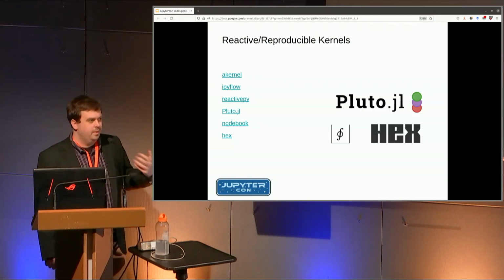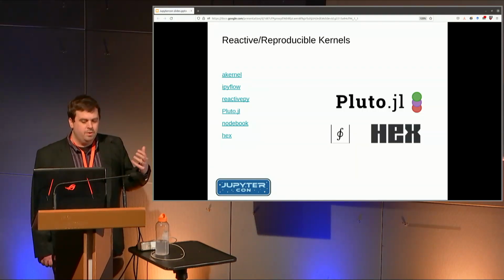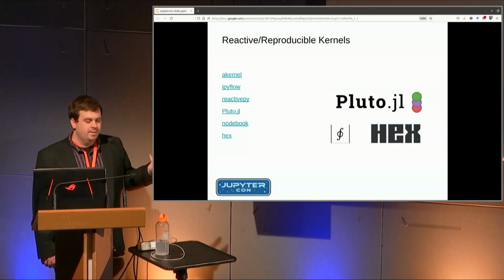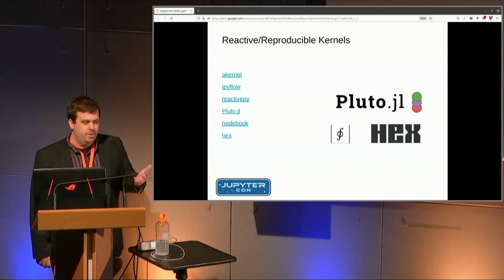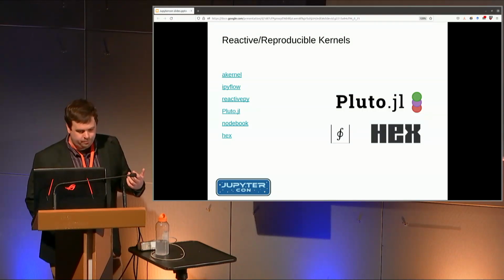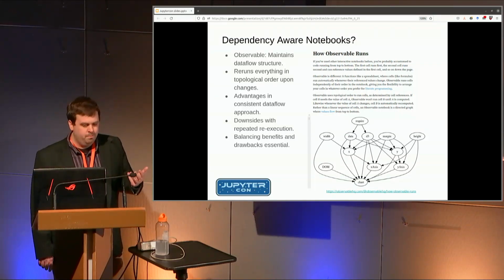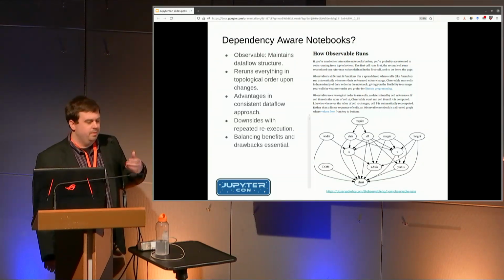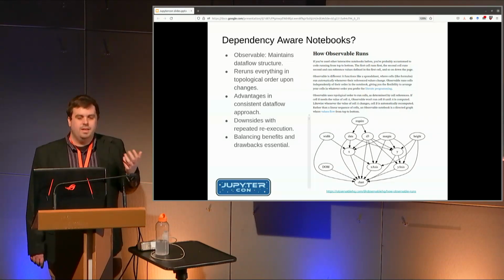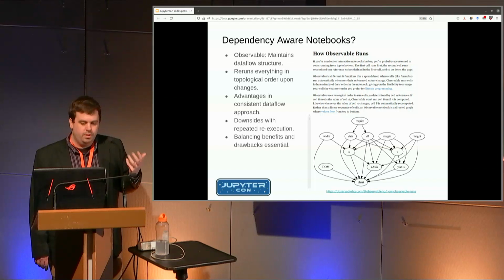So it's clear there's a number of good solutions out there, and a few others have kind of fallen by the wayside over the years. But we know we're not the only ones in town. And so we can also look at what others are doing in the broader community. Observable exclusively uses the idea of keeping a dataflow notebook structure present throughout the entire notebook.